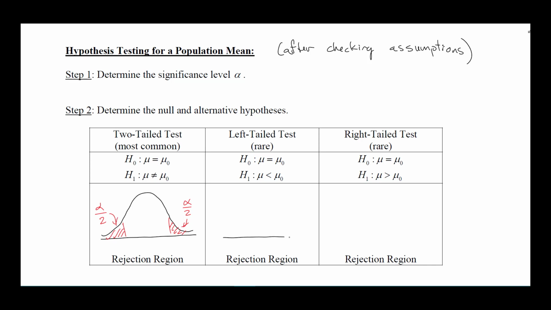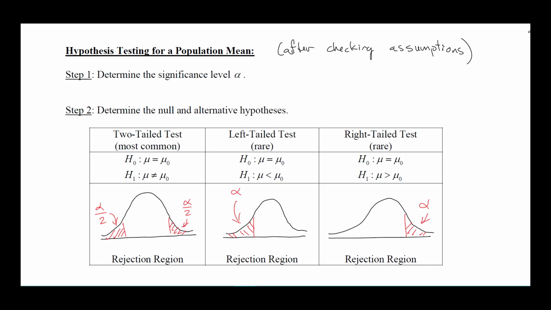And then for a one-tailed test, only one tail will be shaded. So here, the left side. And so we'll put the whole alpha in that tail, and over here, the right side. So here are our two one-tailed tests.